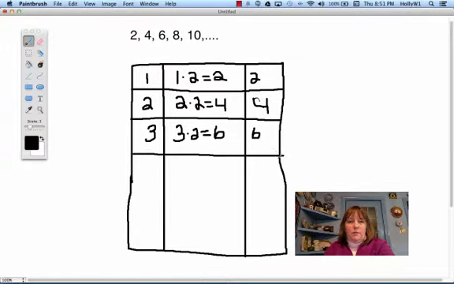Okay. The fourth term is 4. So 1, 2, 3, 4. So 4 times 2 gives us 8. So this is the value.